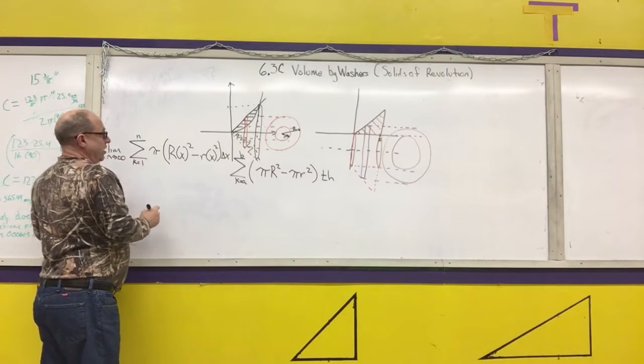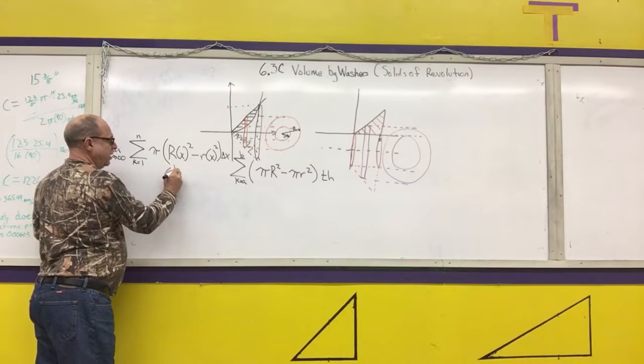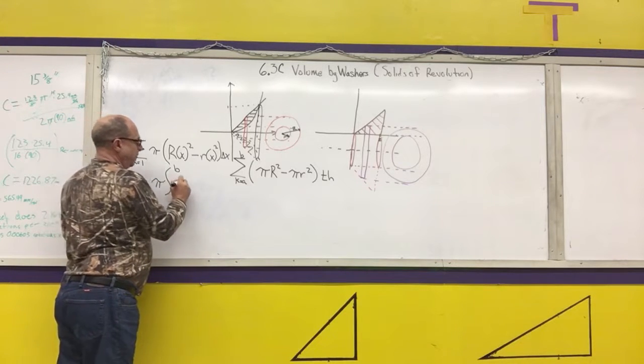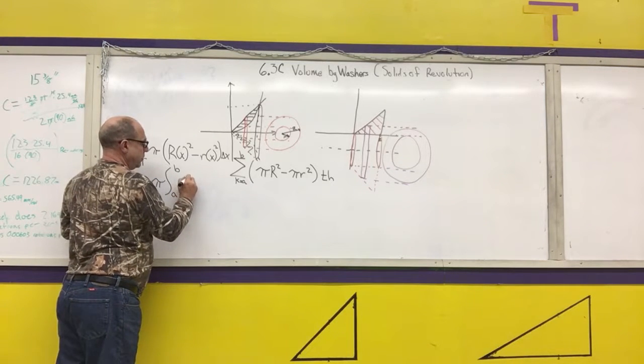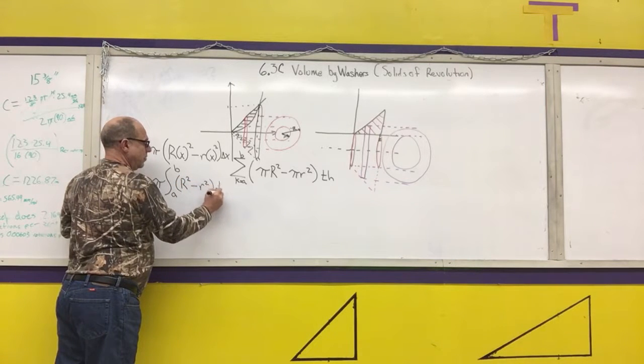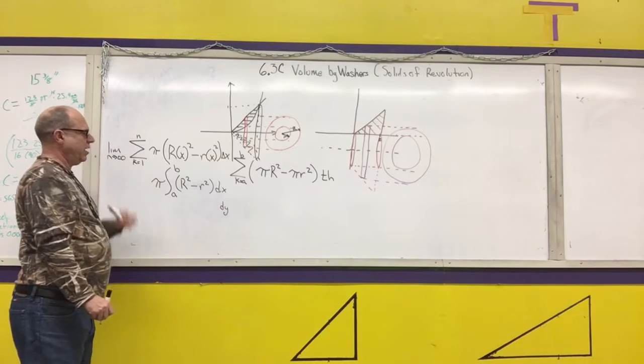And what that's going to give me is the integral from a to b, with a pi out in front, of big R squared minus little r squared dx, or if I'm revolving around the y-axis or a vertical line, it would be dy.